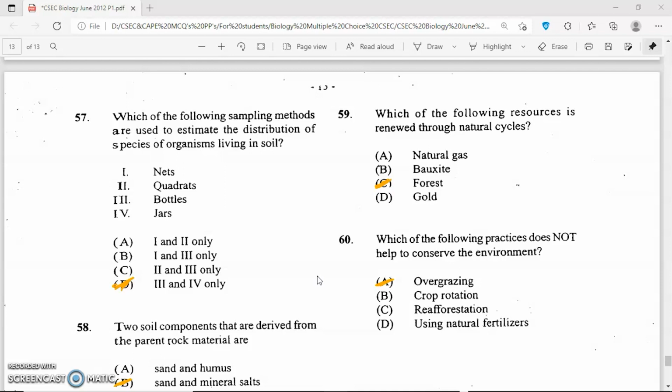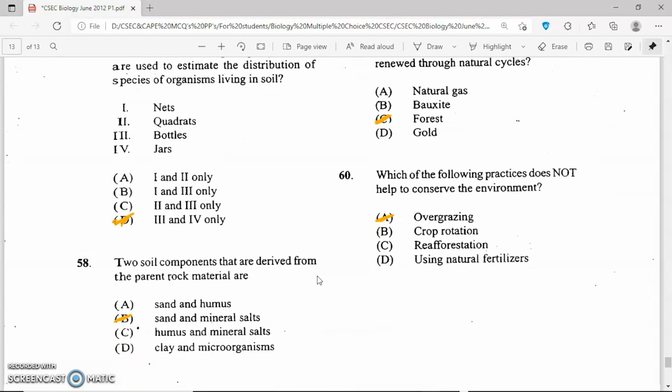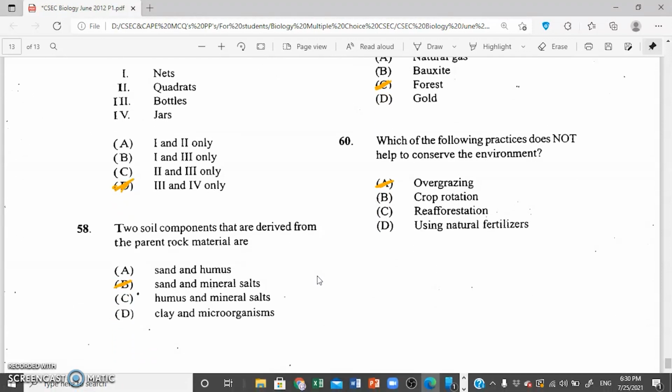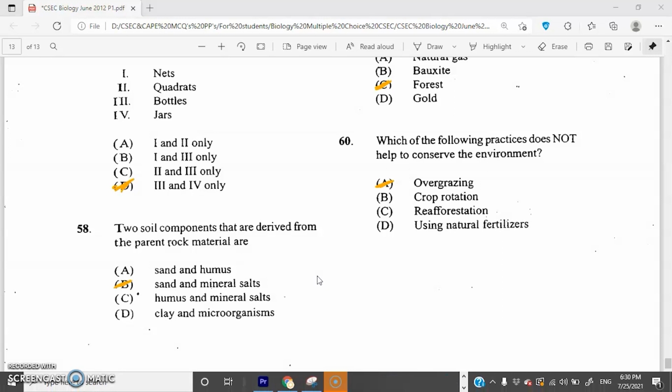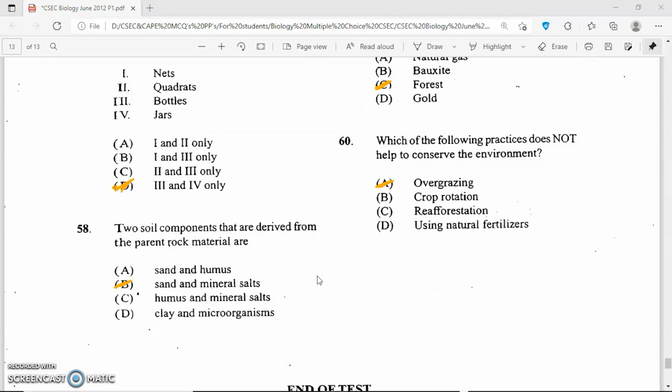Natural gas, bauxite, and gold are non-renewable resources. And number 60, which of the following practices does not help conserve the environment? And of course, that is overgrazing. When animals overgraze in a certain area, the topsoil is exposed, and that puts the soil at risk of soil erosion. So overgrazing is not a conservative method. So the answer for 60 is A.